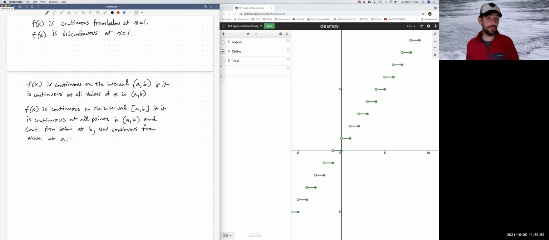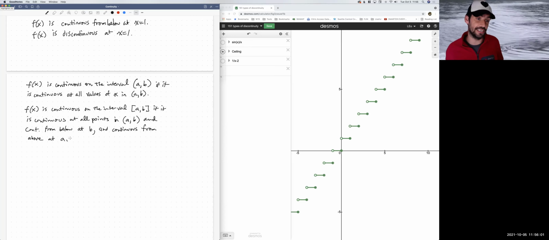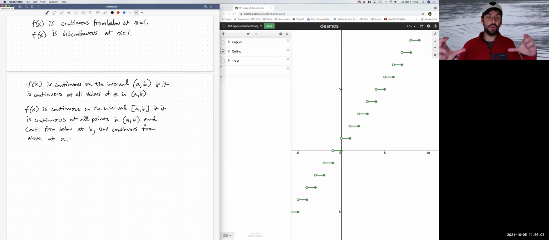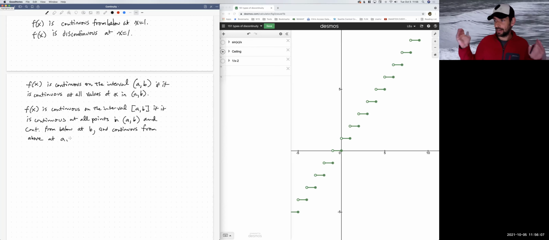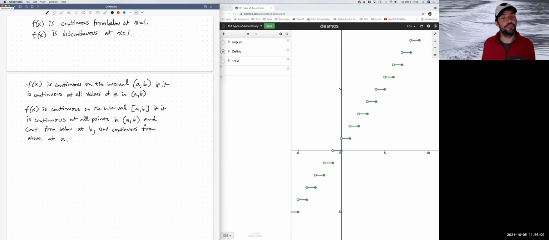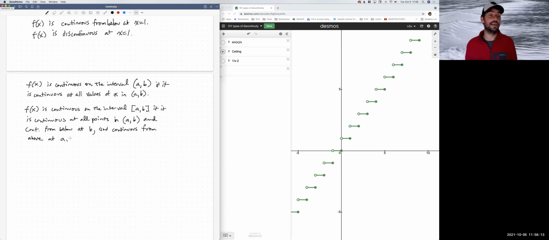Right? So we'll use the symbols and say f of x is continuous on the interval, but if we use the closed symbols, it's implied, because at a closed interval we're only talking about one direction, that the continuity at the endpoints is one-sided continuity.